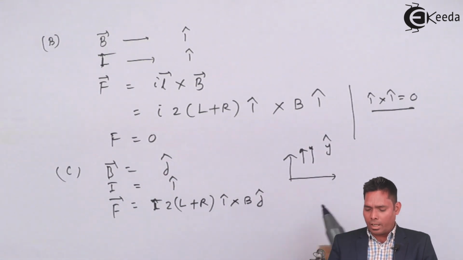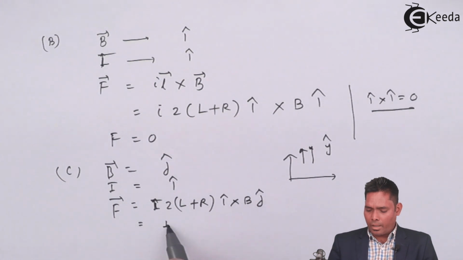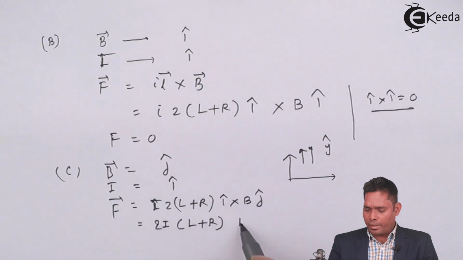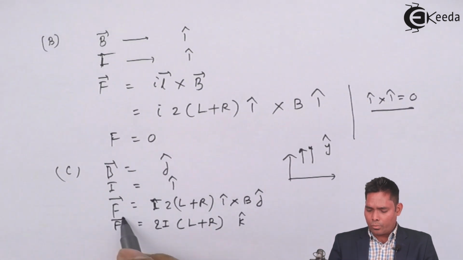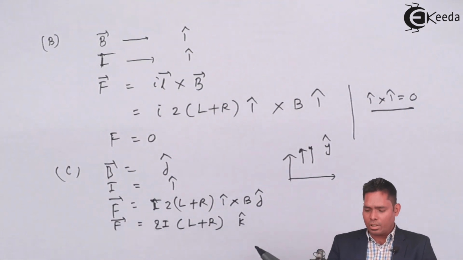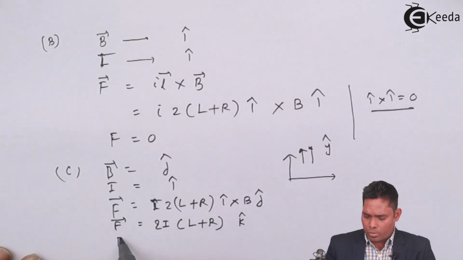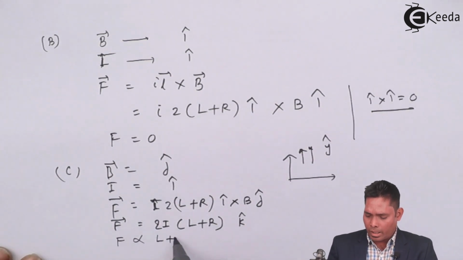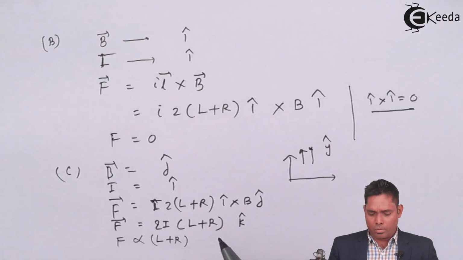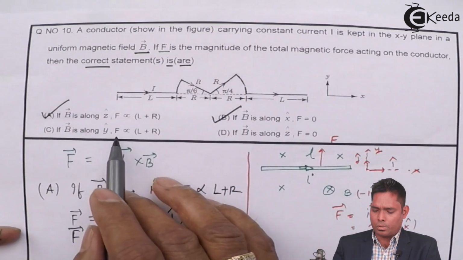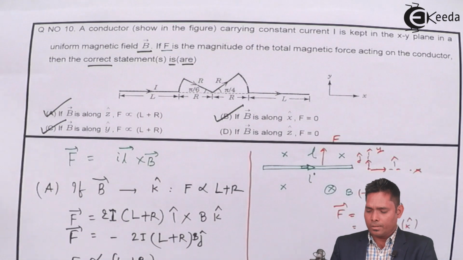I cross j is k, so it will be 2I (L plus R) B k cap. The force will act in the positive z direction, but the magnitude of force is proportional to L plus R, there is no doubt about this. So this force is proportional to L plus R, this is also correct.